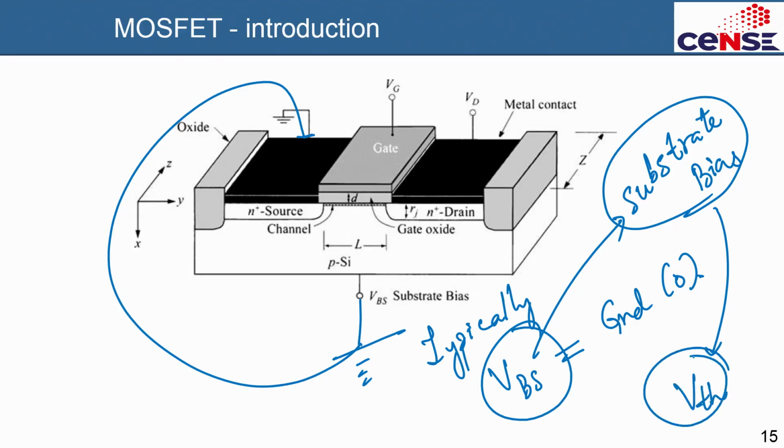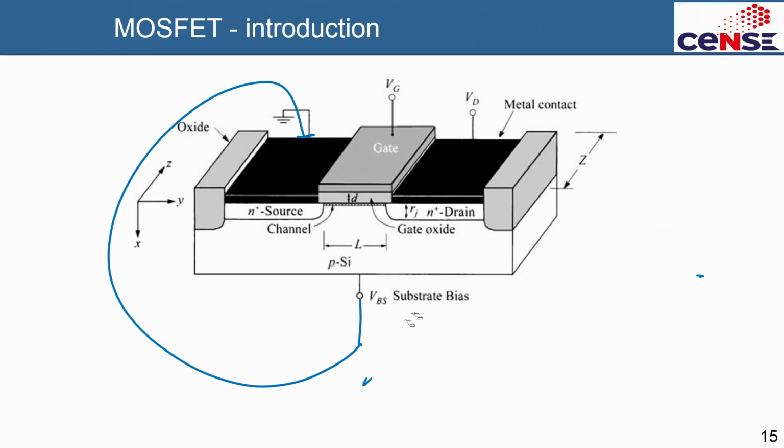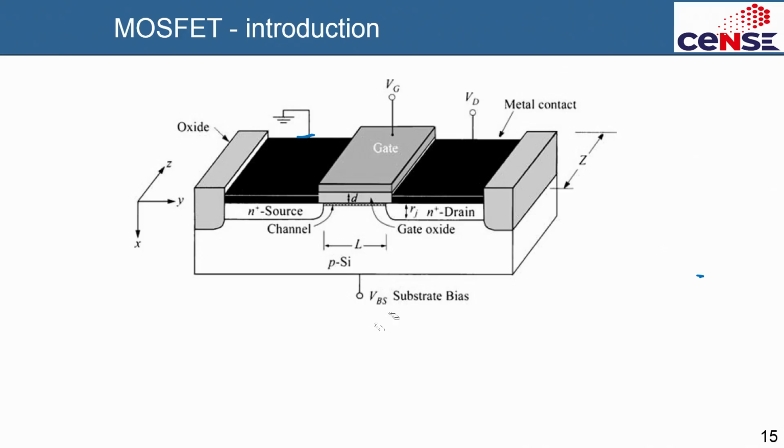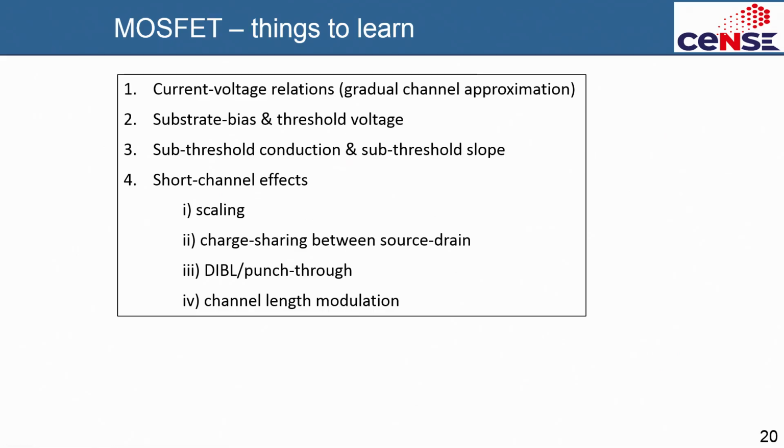How will the threshold voltage shift? That part also we'll take a look at. That is the second point here. It's a very important point because you will be able to get more flexibility using substrate bias. So the second thing is the substrate bias and its effect on the threshold voltage.